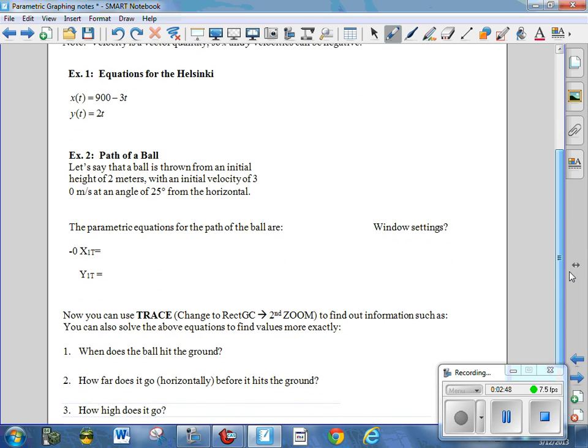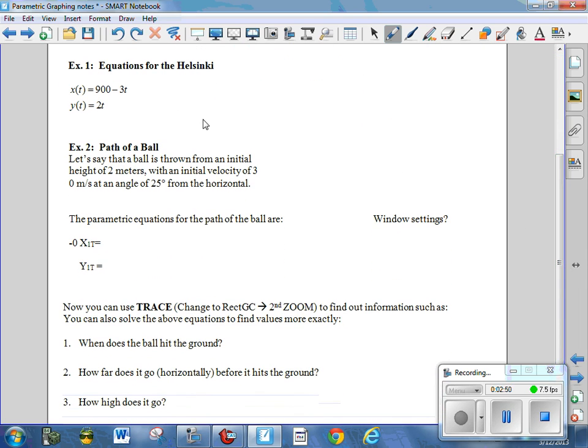So if we look at the equations we got for the Helsinki in the previous problem, notice that here the 900 is the initial x position. And negative 3, which is the slope of this linear equation, is the initial velocity in the x direction.